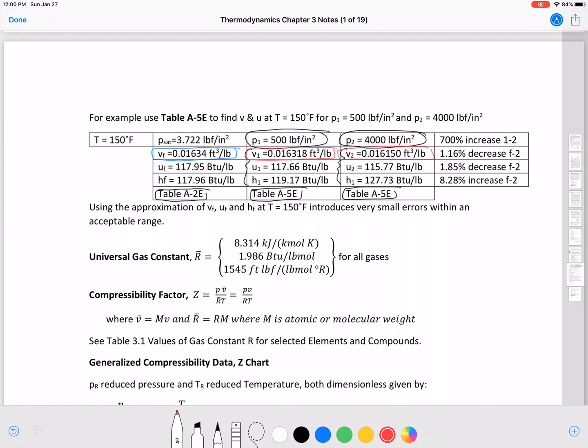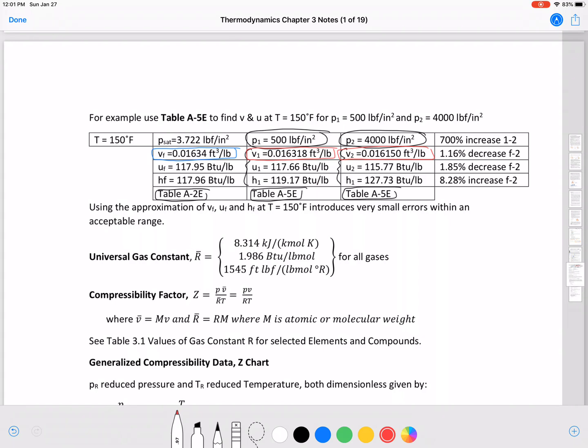Because you can see that the difference in these numbers is really small, even though I'm holding my temperature constant at 150 degrees Fahrenheit and my pressure goes from 3.7 to 500 to 4,000, and my specific volume changes very little. It's a 1.16% decrease from the smallest to the largest of these two values.